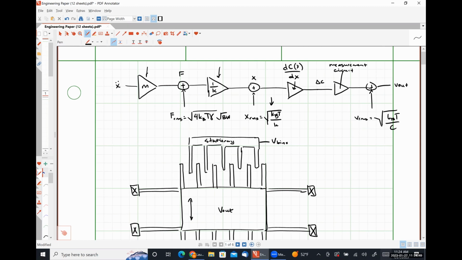So the force squared divided by the mass squared is going to give us the acceleration squared. Take the square root. The noise displacement here squared, divided by the gain of this stage squared times the gain of this stage squared, is going to give us the acceleration squared at the input, just like it did in the homework problem. It's literally the same process.